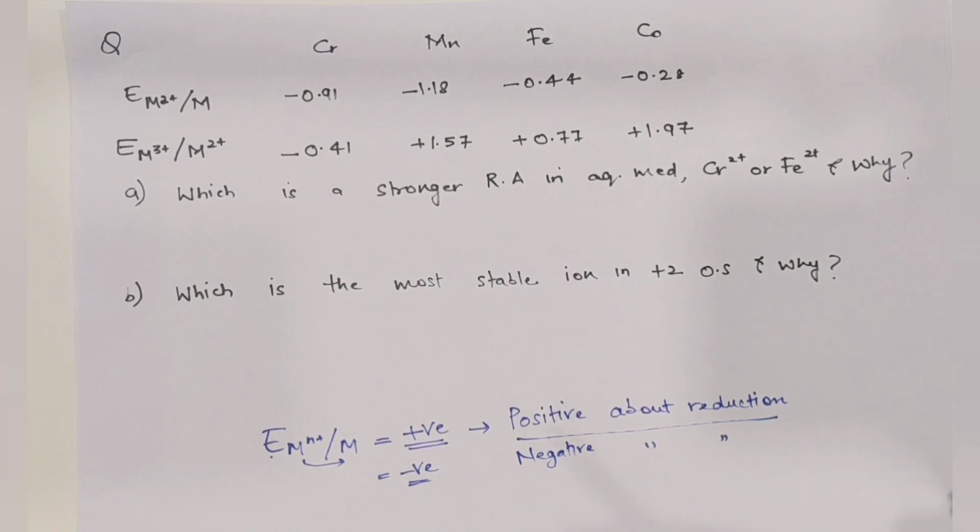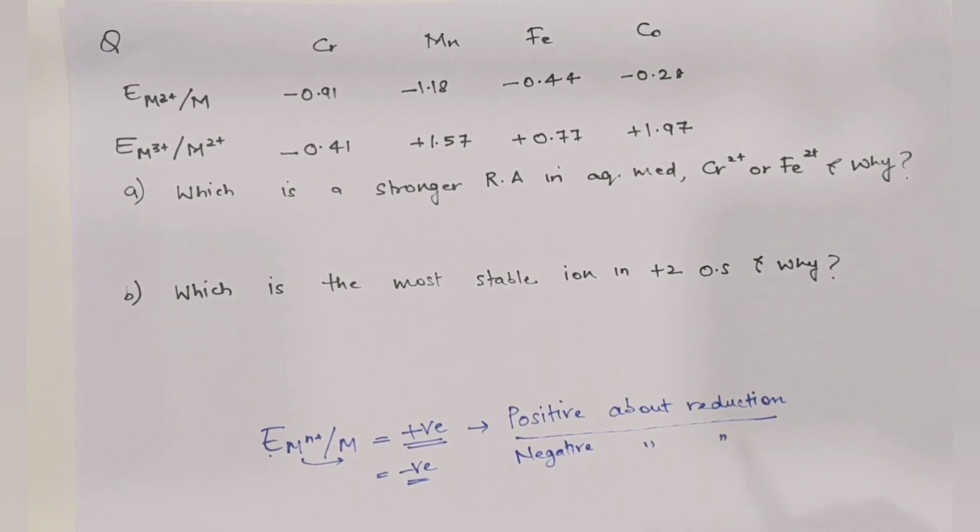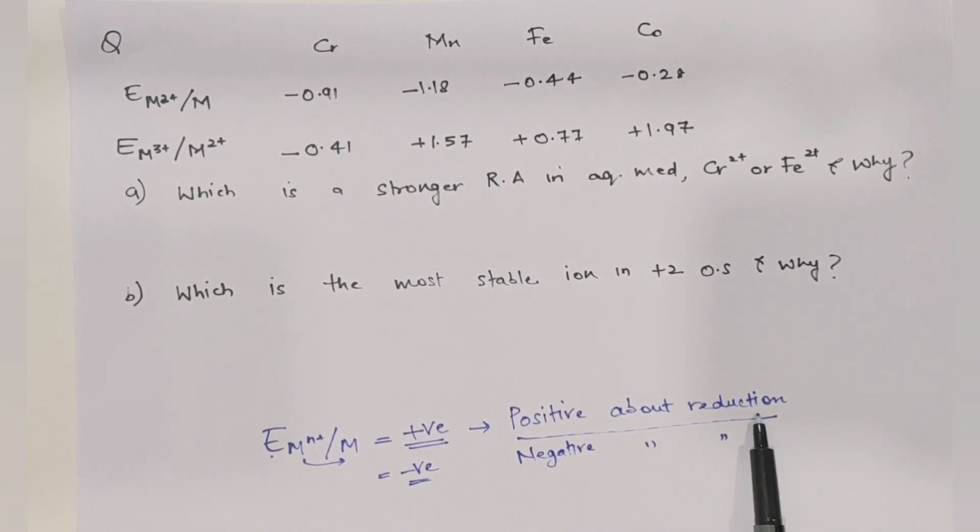If you have to compare two negative values, the one with the more negative E reduction value feels more negative towards reduction. That means the less negative one is going to get reduced. So you have to compare, and when you compare, things become easy.